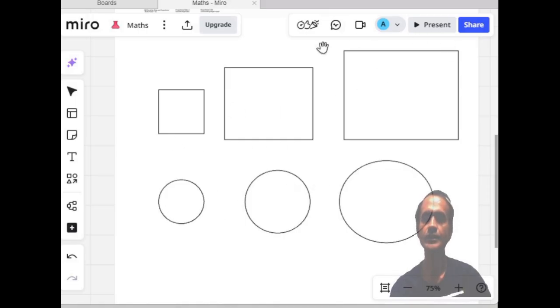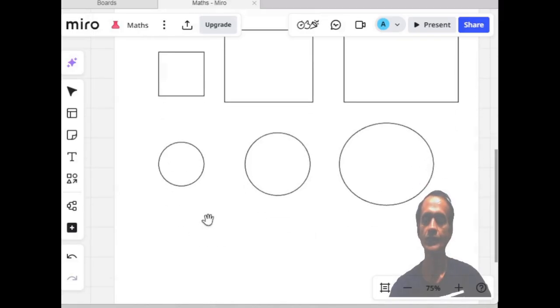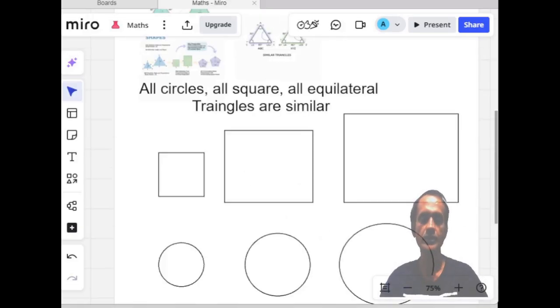So certain shapes will always be similar: square, circle, and can you think of some other examples in triangles, because this chapter is on triangles? All equilateral triangles will be similar. So I think you have now understood the meaning of similarity.